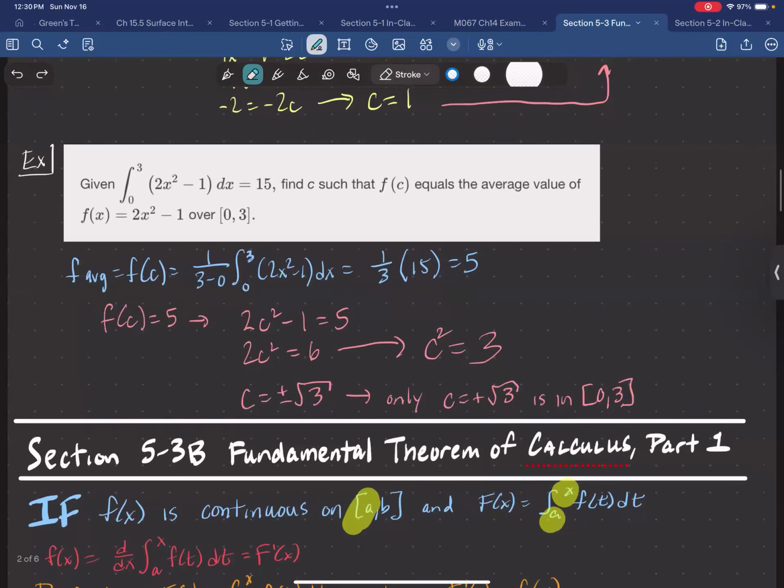If I take the derivative of both sides, I get F prime of x, applying a d/dx right there, and this ends up being f of x. That's the fundamental theorem of calculus.